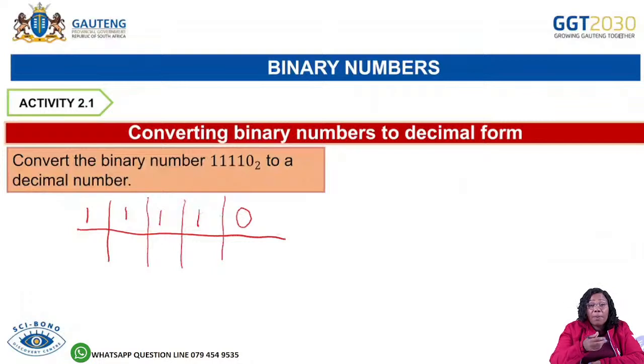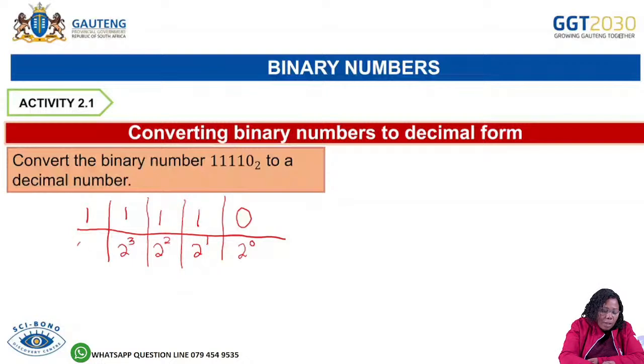We are now applying that place value table, always working from right to left, grade 12. So the first 0 takes 2 to the power 0, then 2 to the power 1, 2 to the power 2, 2 to the power 3, 2 to the power 4.